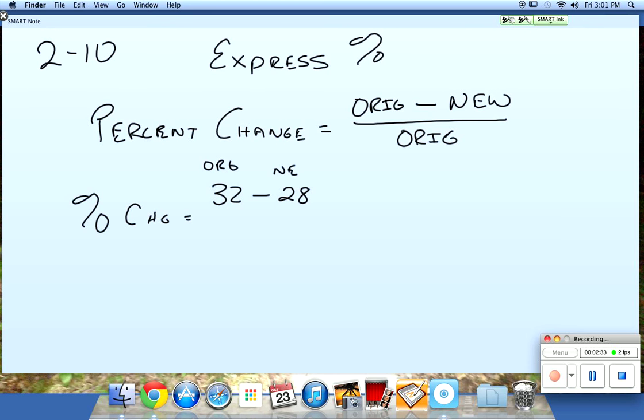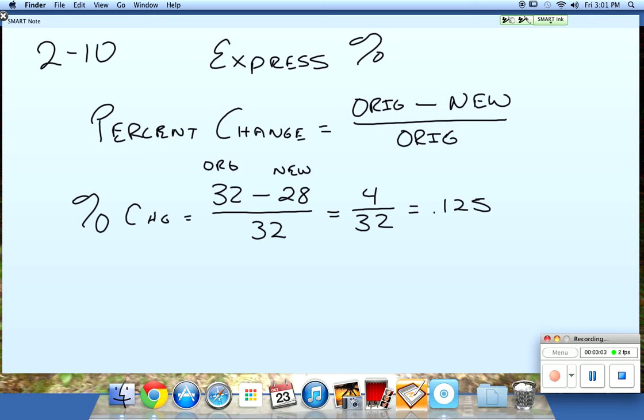We divide this by the original amount, 32, and this is going to give us our percentage change. In this case, this would be 4 over 32. If we subtract 28 from 32, we get 4, which reduces to 1/8, and 1/8 is 0.125.